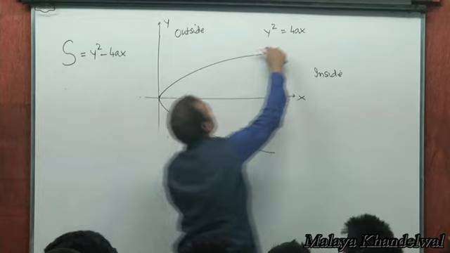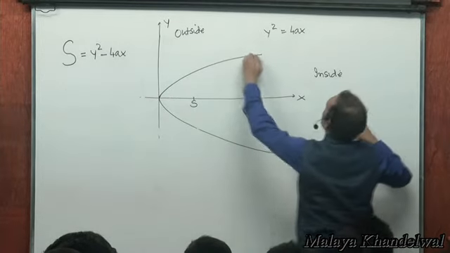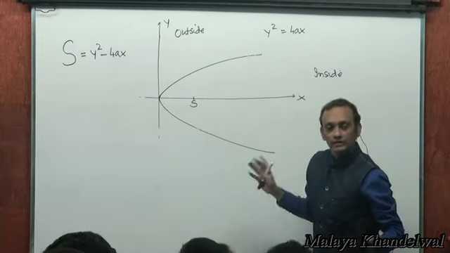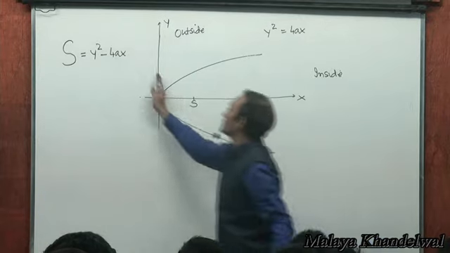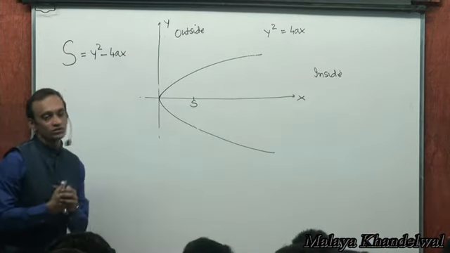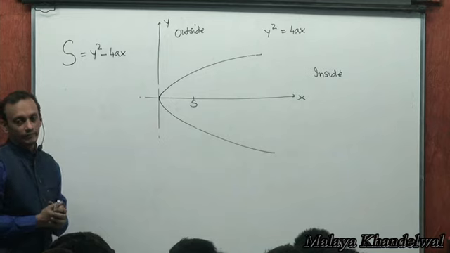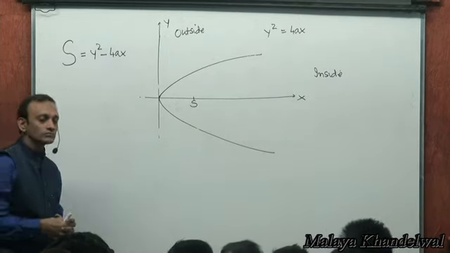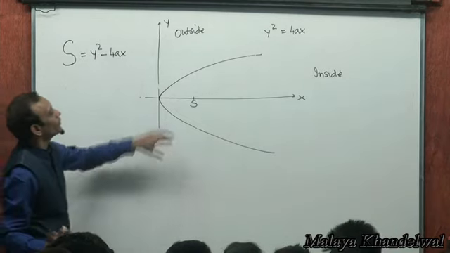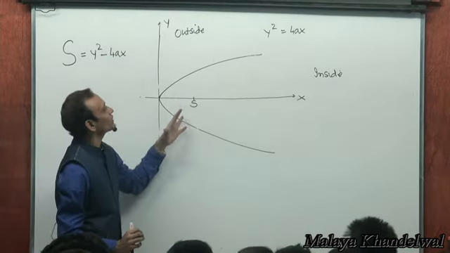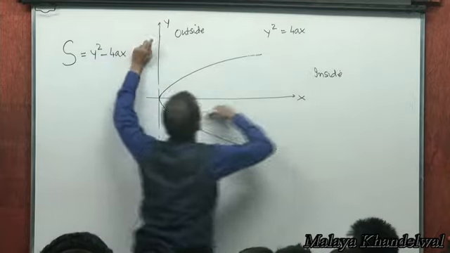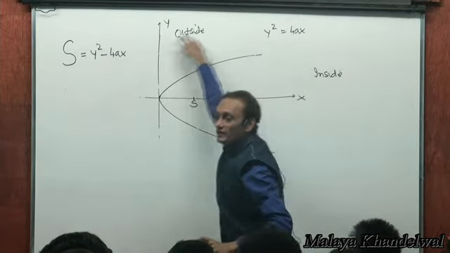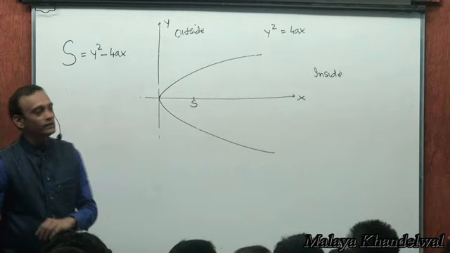All points here will be inside, and above this curve will be outside, or below this curve will be outside. That's how you distinguish. The region containing the focus is the inside. You can say, well, this region also contains the focus, so this can't be an outside. That's not the way you want to define it.